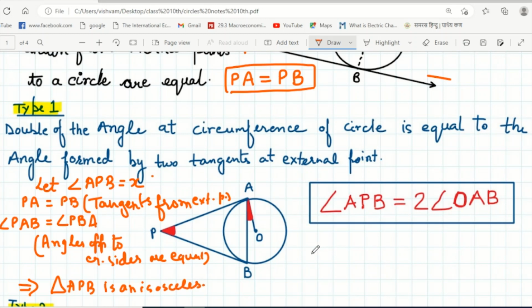Because it is a triangle, we can use the angle sum property.